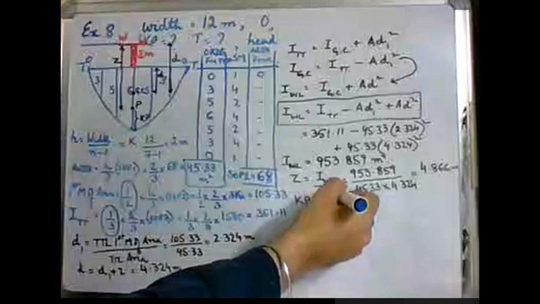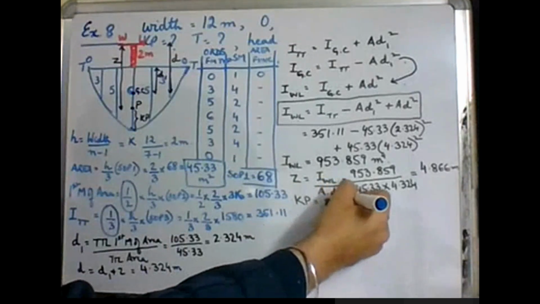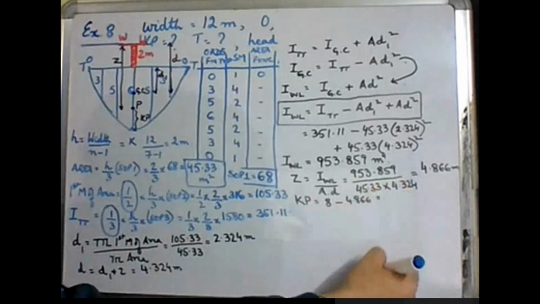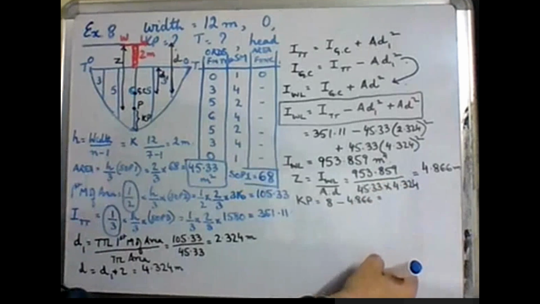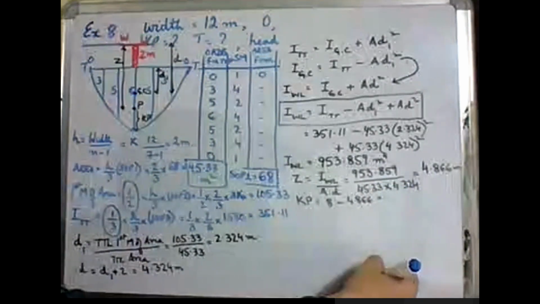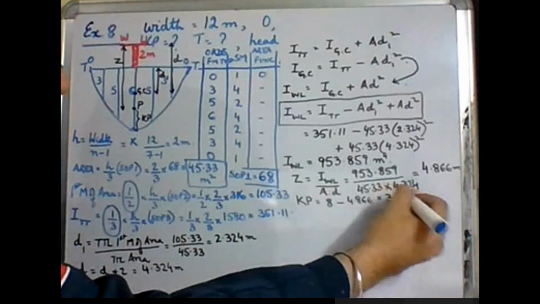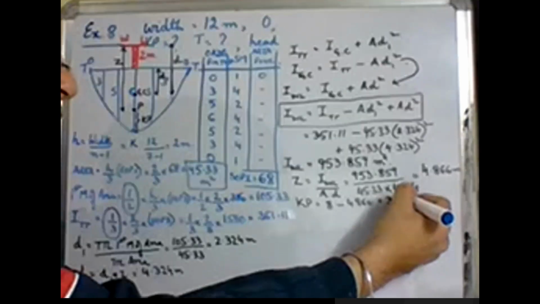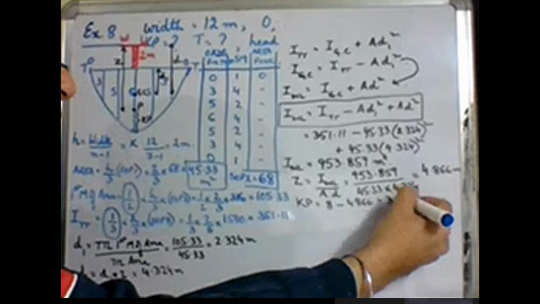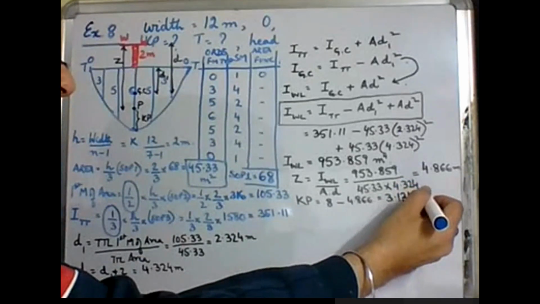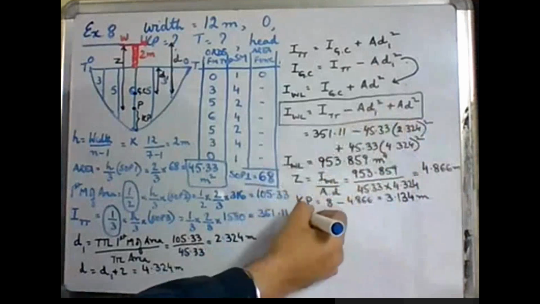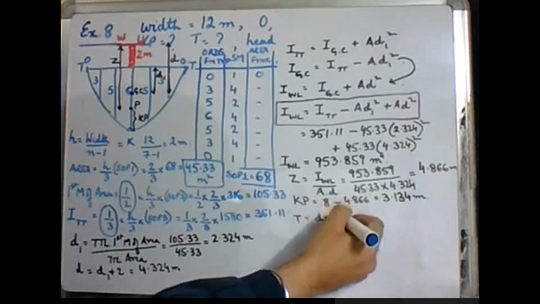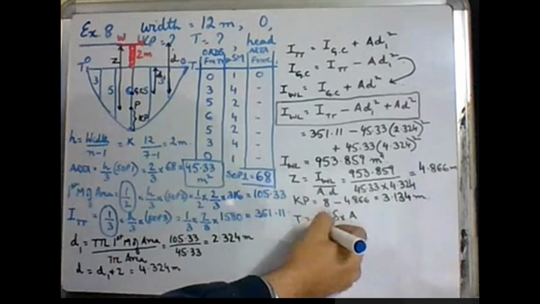Sounding will be 8 minus Z. So Kp is equal to how much? 3.134. And similarly, find out thrust, which is depth into density into area.